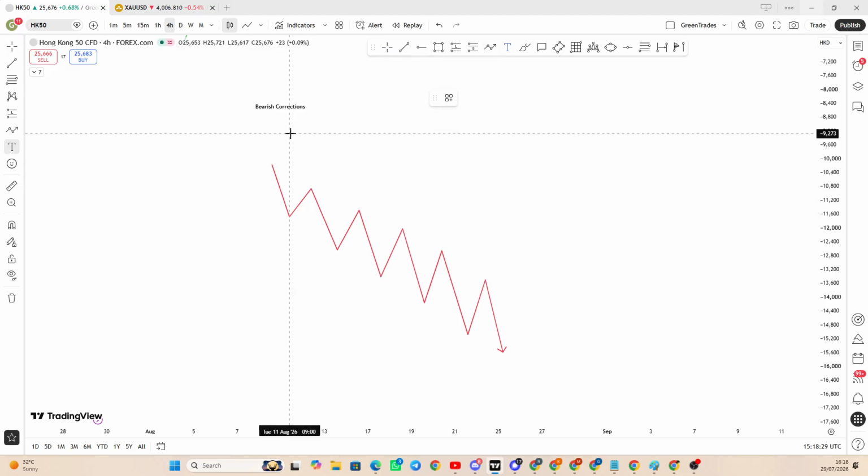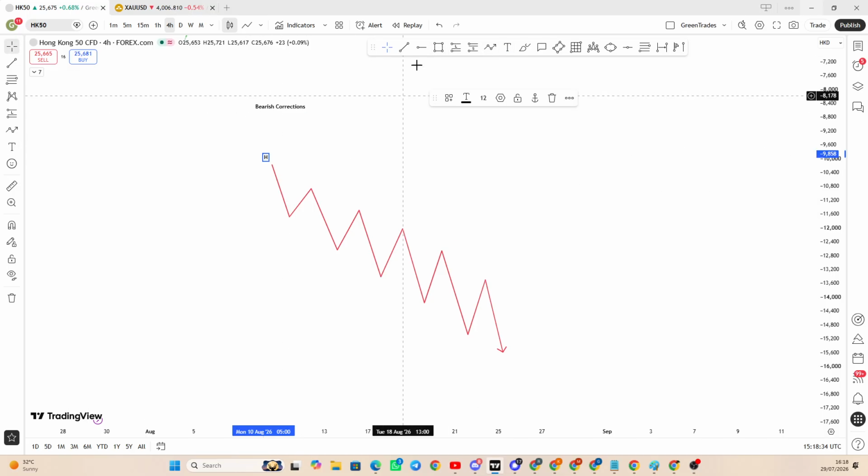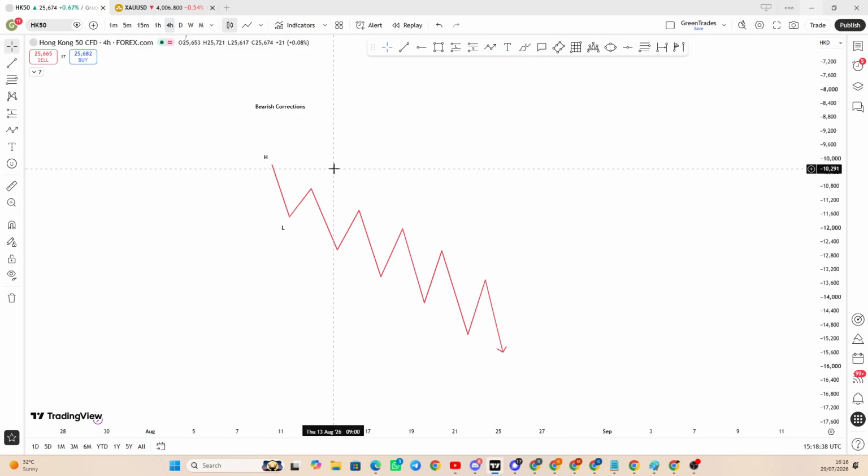So if this is our high, this is going to be our low, right? Then this one becomes our lower high because it's higher than this low, but it is also lower than this high.